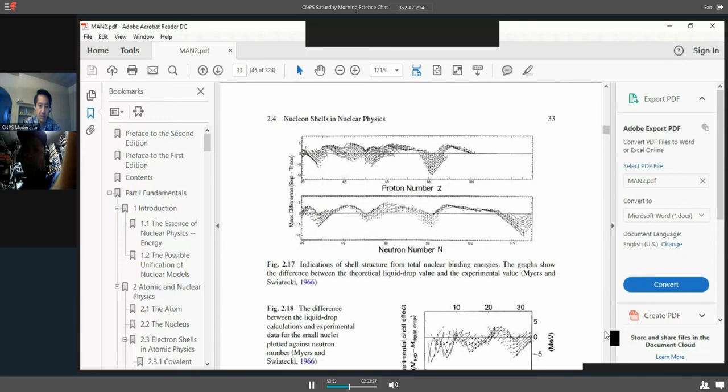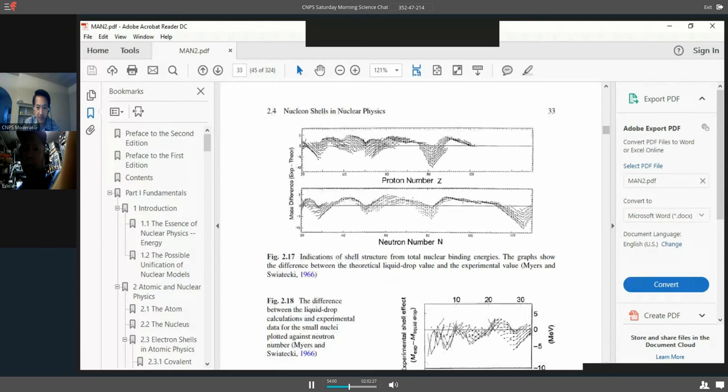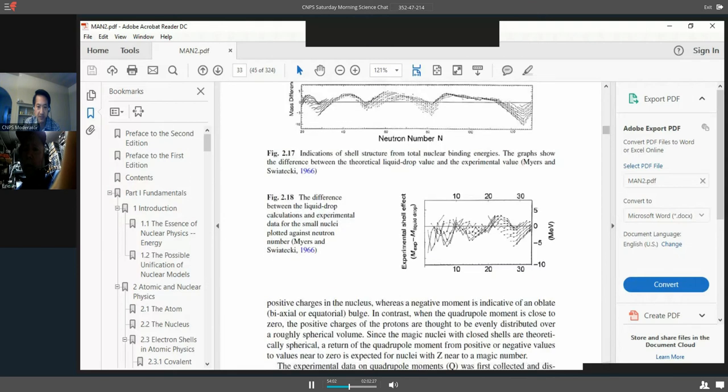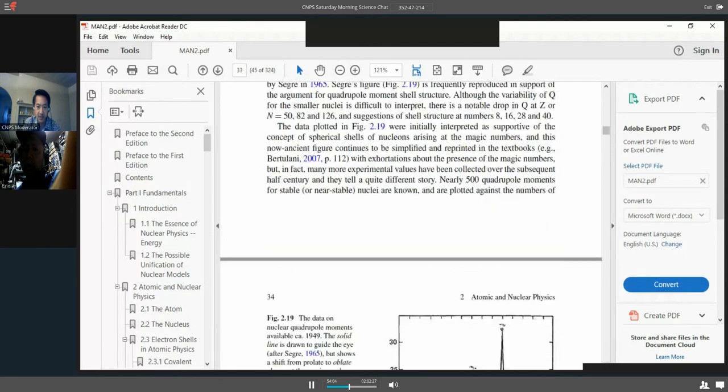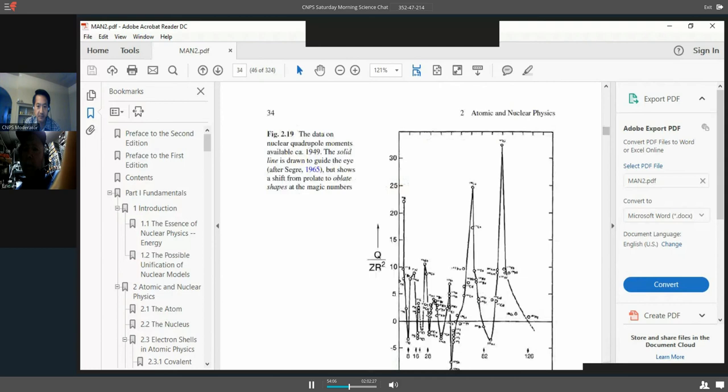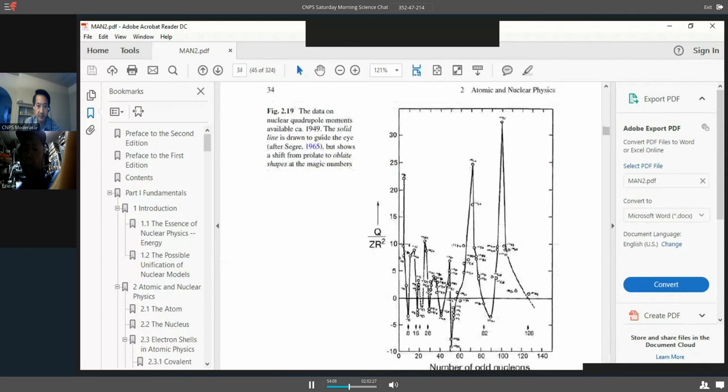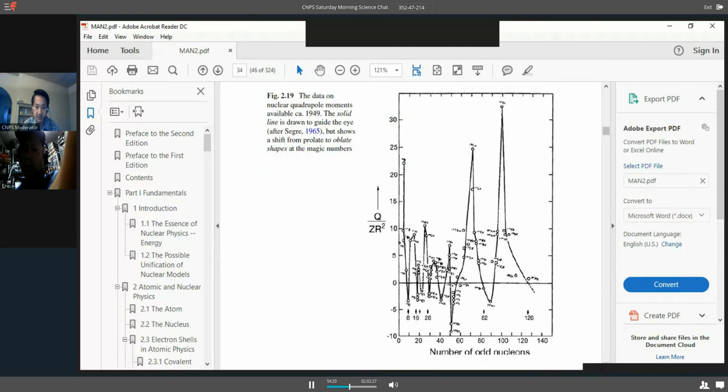So I'm not exactly sure what this chart is showing about nuclear binding energies. I think they're trying to do something about the shell structure. I am not quite sure what that is about. Then we have something, a nuclear quadrupole moment, which seems to be, and this is for odd nucleons.